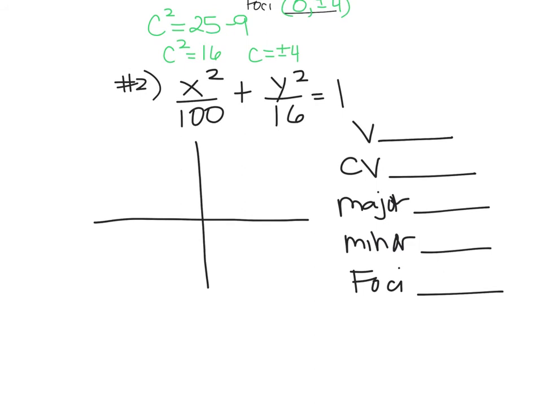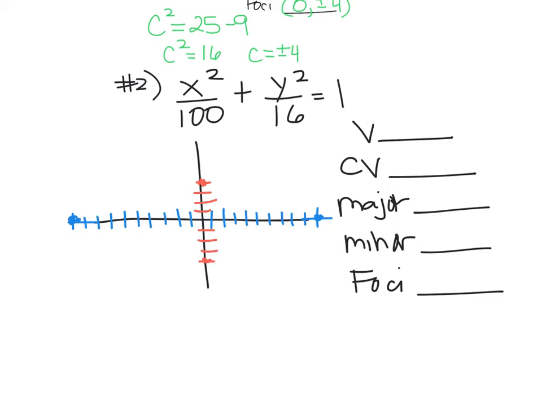We're going to start with that. And we're going to go a distance of 1, 2, 3, 4, 5, 6, 7, 8, 9, 10 in each direction. 10 in each direction. So this is going to be a really long one. All right, and then we're going to go a distance of 4 in each direction, up and down. Because that's the square root of 16.